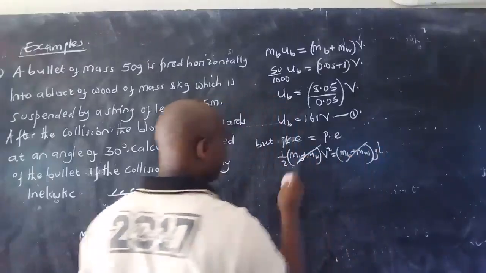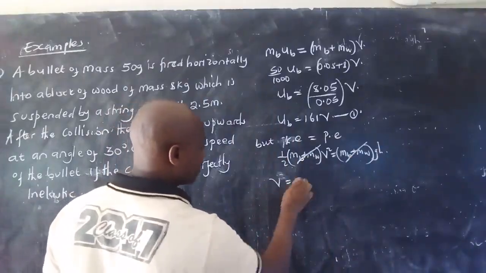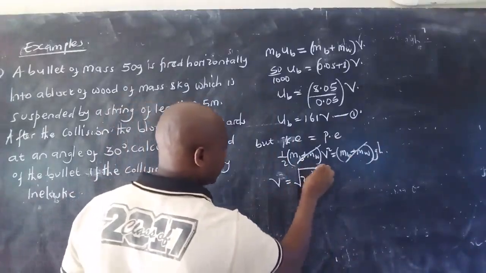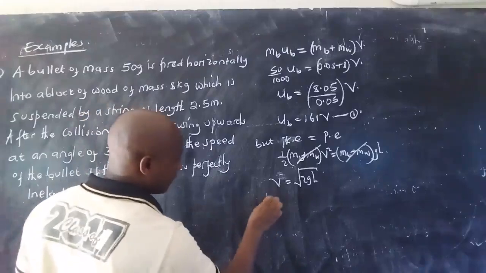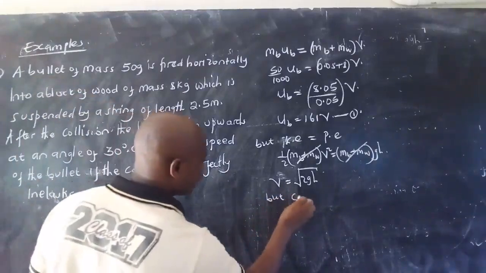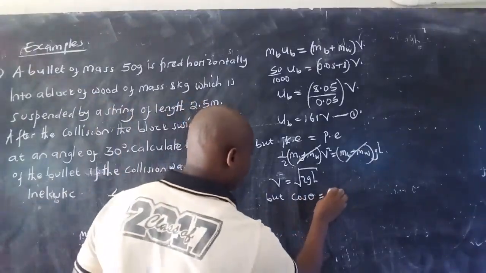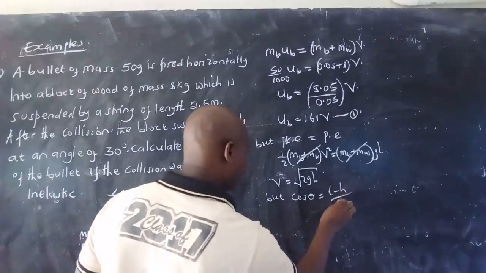So this will cancel with that, meaning that our v becomes the square root of 2gh. But our h, we said cos of theta is equal to L minus h over L.